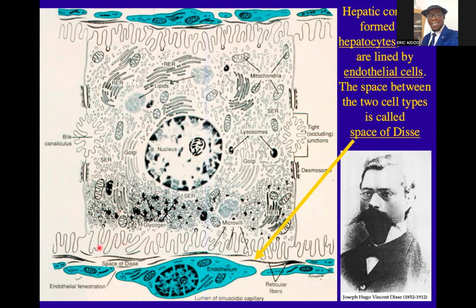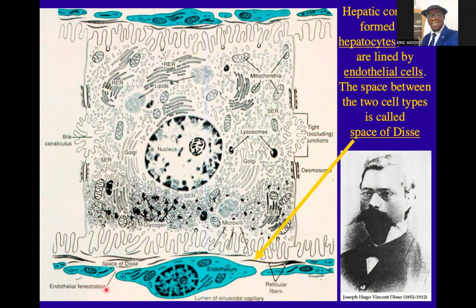Then you can see that just before the sinusoids are these layers. You see reticular fibers, and these are actually endothelial cells, fenestrated endothelial cells. So that is how the sinusoid looks.